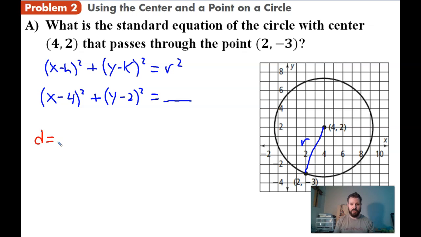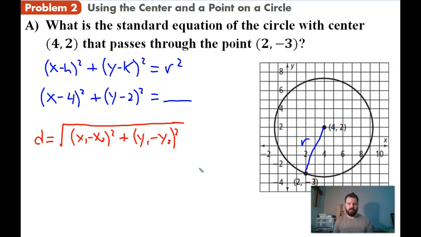Distance formula is d equals the square root of (x1 minus x2) squared plus (y1 minus y2) squared. And really, the distance formula is just a variation of the Pythagorean theorem, something else we've done this semester.